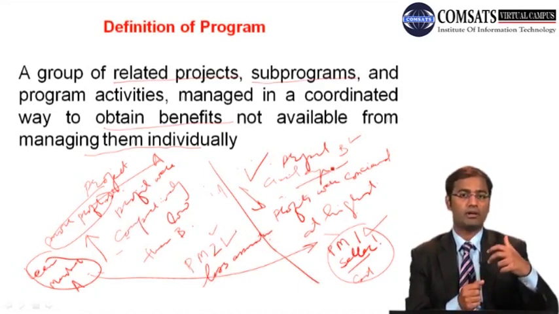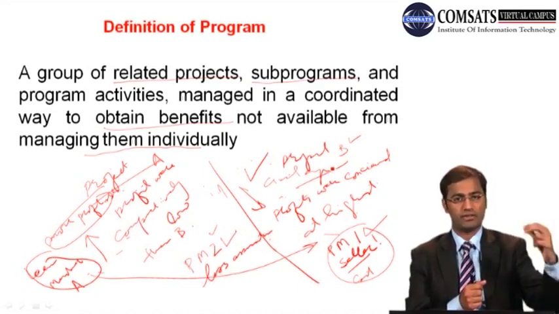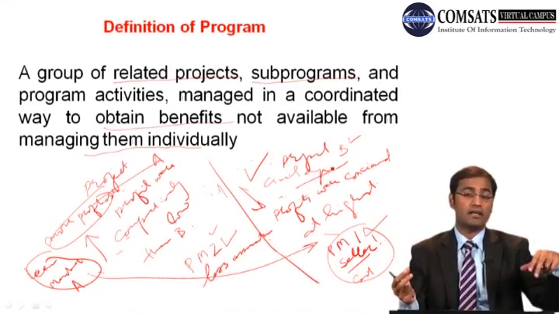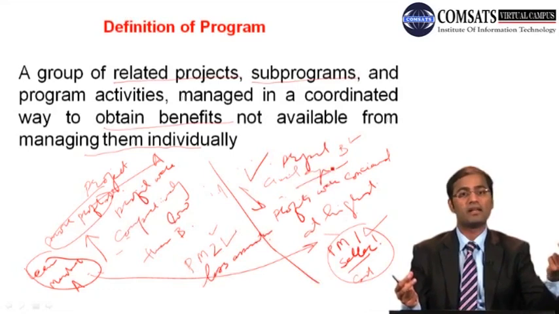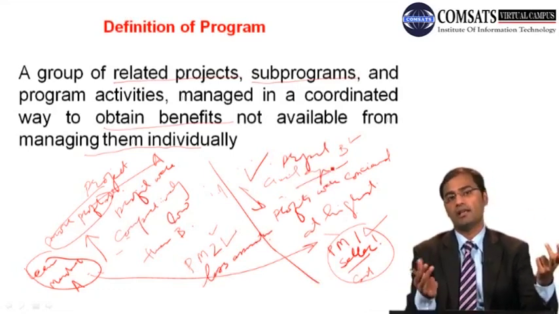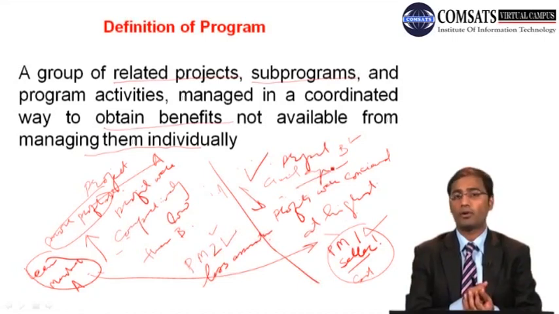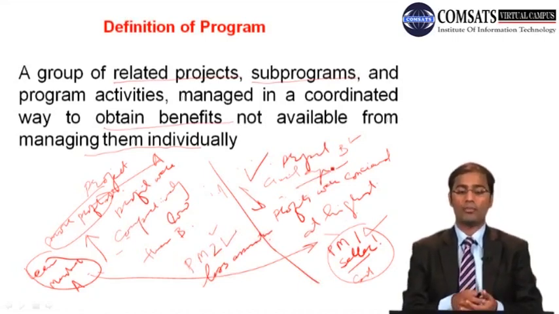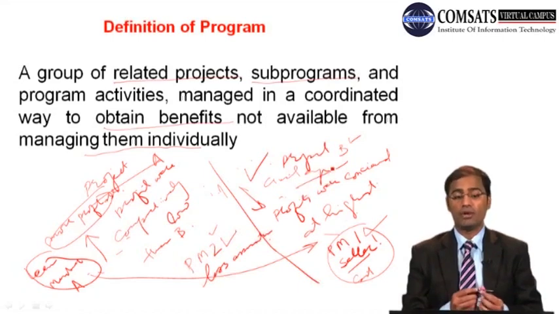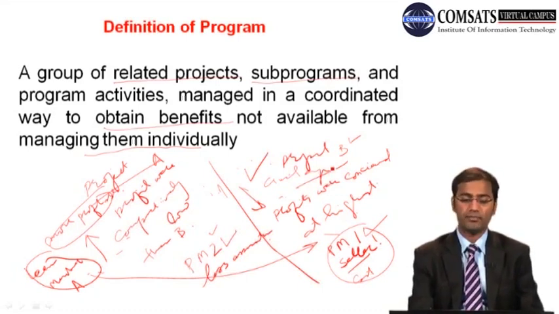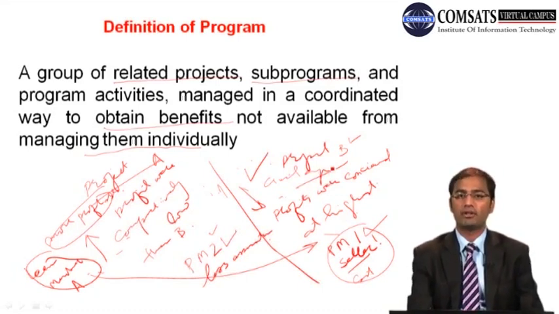The construction industry may result in a reduction of poverty in an area, but we don't couple them as a program. So for a program, we need to have related projects, with program activities. This is the definition of a program.